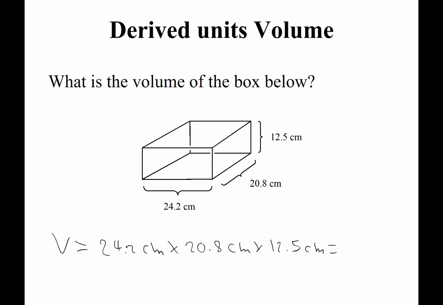You multiply those three numbers, you get 6,290, and centimeter times centimeter times centimeter equals centimeters cubed. We have three significant figures here. So if I wanted to report this in scientific notation, it would be 6.29 times 10 to the 3 centimeters cubed. That is the volume of that box.